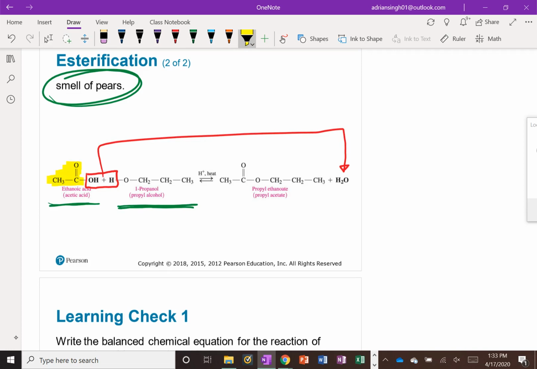So we have this part here in yellow remaining from the acid, and then we have this part here in yellow remaining from the alcohol. And we're just going to stitch those together with a bond between this carbon and a bond between this oxygen, right? So this is the new bond that we make right here that I'm pointing to in red.